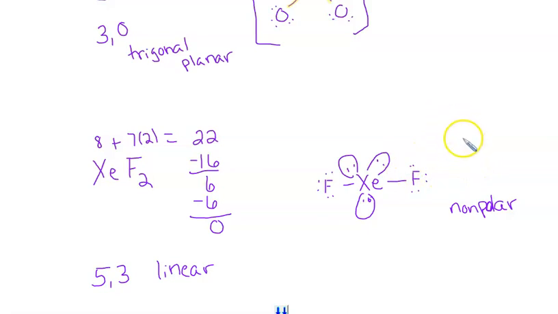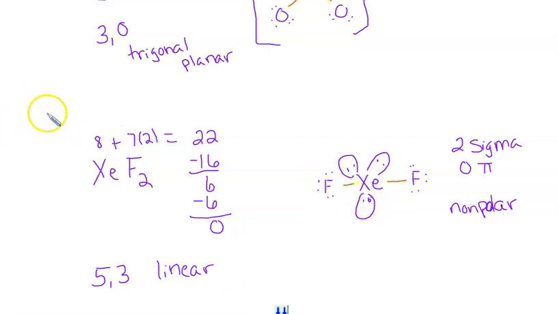Alright, and there are 2 sigmas and 0 pi bonds. 2 sigmas, 0 pi bonds. Alright, wrong color. So that's what we did last time.